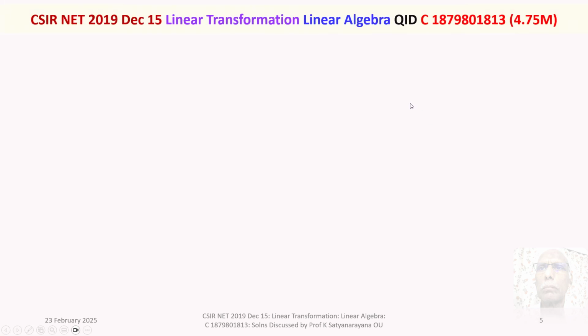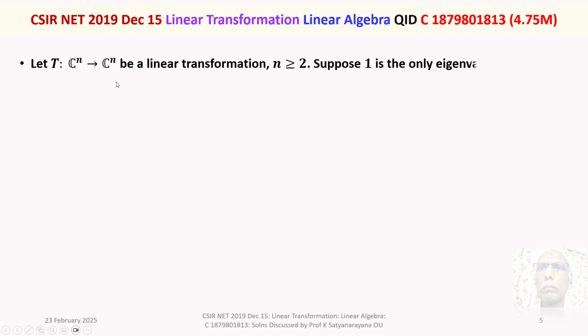The given question is, let T be a linear transformation from C power n to C power n, that is, the complex n space to complex n space, where n is greater than or equal to 2. Suppose that 1 is the only eigenvalue of T. Which of the following statements are true?